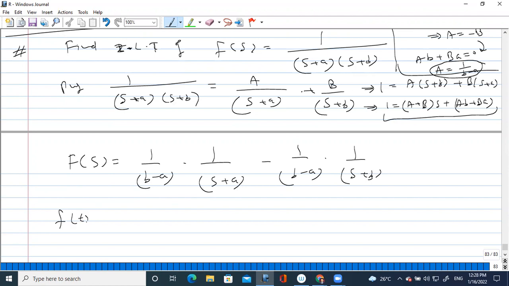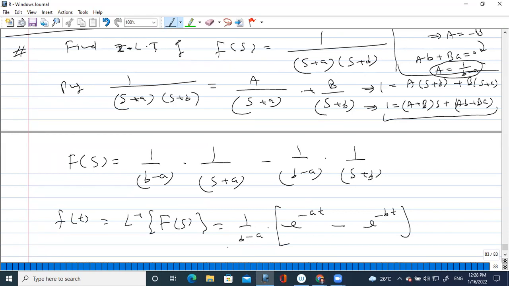Okay, so the Laplace inverse will be f(t). Laplace inverse of this F(s) will be 1 upon b minus a into Laplace inverse of 1 upon s plus a, which is e to the power minus at, minus e to the power minus bt. So this will be the answer.